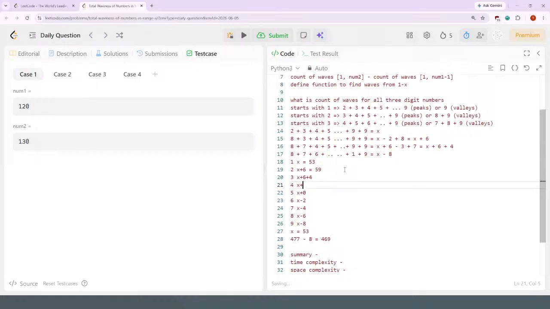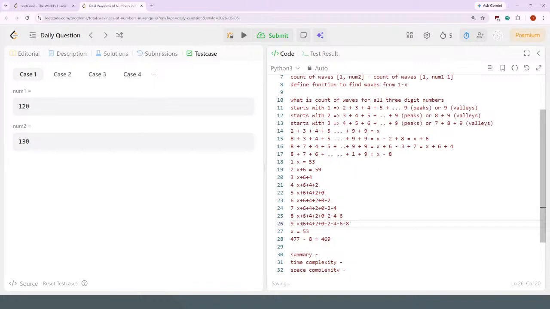Okay, x plus 6 plus 4, x plus 6 plus 4 plus 2, x plus 6 plus 4 plus 2 plus 0, plus x plus 6 plus 4 plus 2 plus 0 plus minus 2, 6, 4, 2, 0, minus 2, minus 4, minus 6, x plus 6 plus 4 plus 2 plus 0, minus 2, minus 4, minus 6, minus 8.